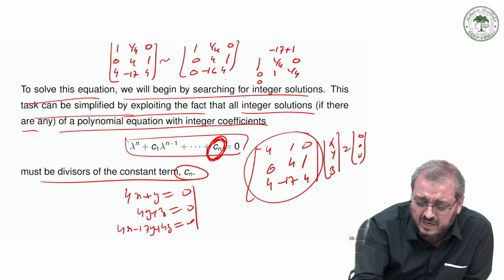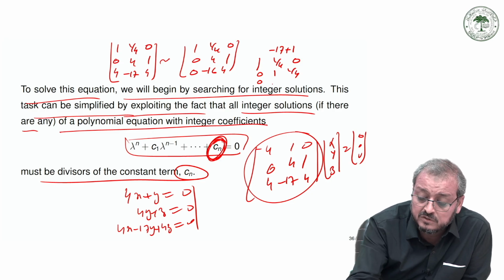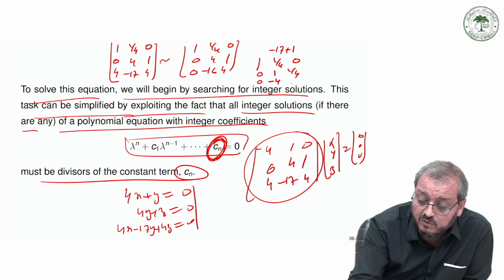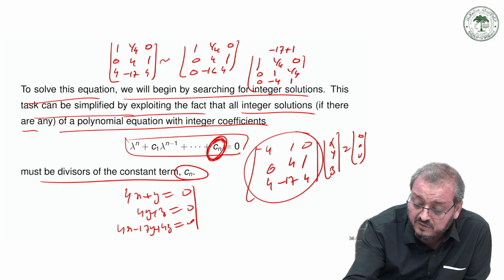We again divide by 16 to get a simpler form, minus 4 and then 1, and this is the matrix.